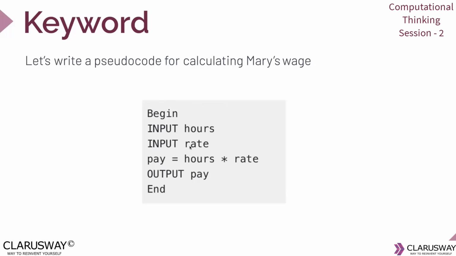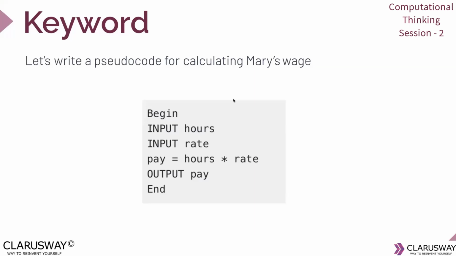In the beginning, you will have the information about Mary's hourly pay. And later on, after knowing about the hourly pay, you're asked to calculate her total pay. And in here we have the answer for that.